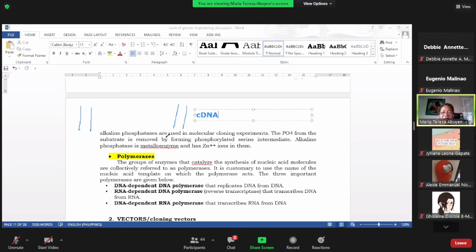Again, itong cDNA is just a product. This is actually a product of the reverse transcriptase enzyme that copied a certain segment in an RNA molecule.